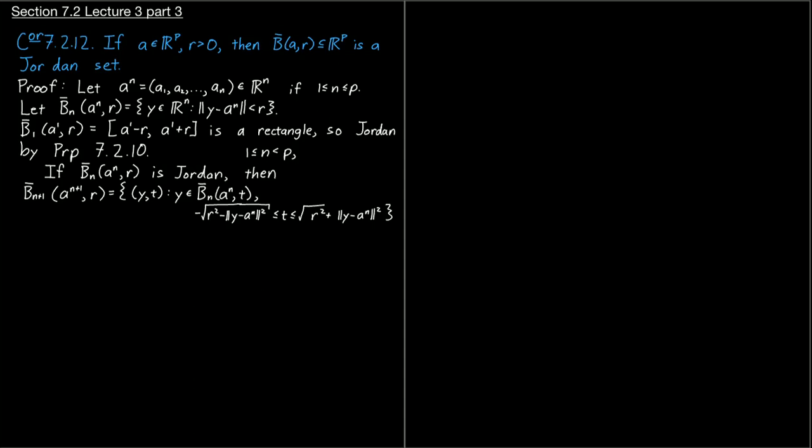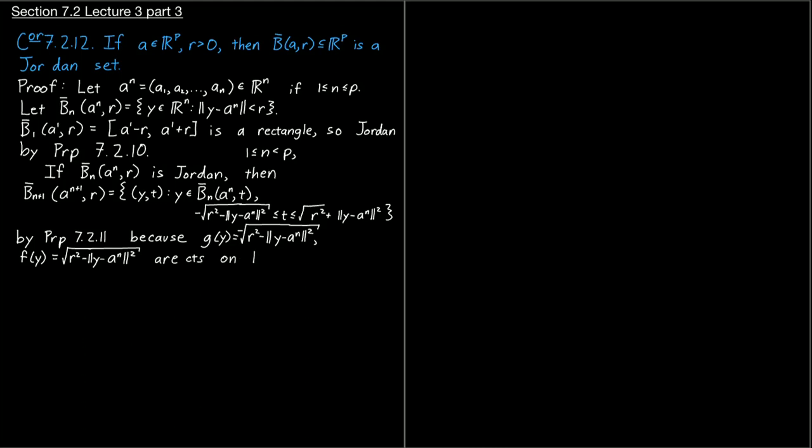And that is Jordan by the previous proposition. And because g of y, this square root of r squared minus the norm squared, and f of y, our upper bound, they are continuous on the n-dimensional ball, and the n-dimensional ball is compact.